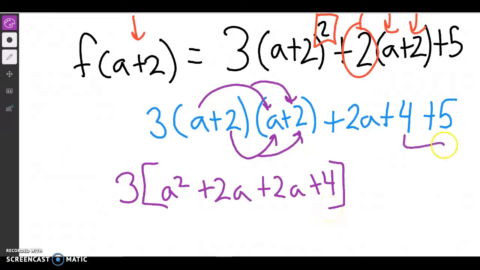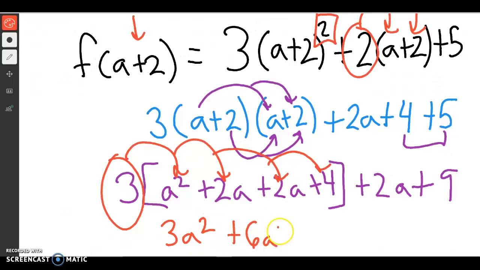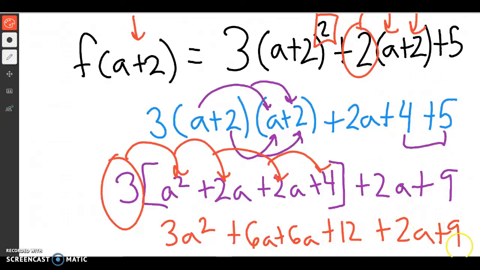Then if we simplify this backside, we'll get plus 2a plus 9. Now we have one last distribution. It's going to be the 3 over everything. So I'll have 3a squared plus 6a plus 6a plus 12 plus 2a plus 9.